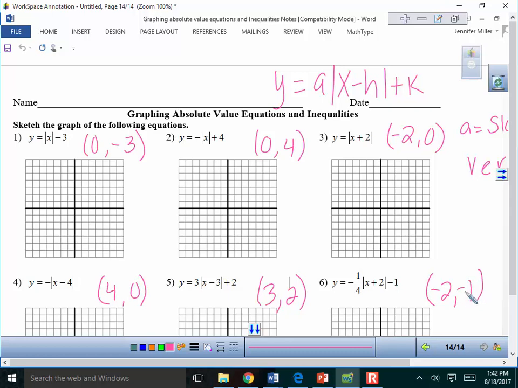Very good. Okay, so we get the vertex of number 1: 0, -3. And our slope is the number in front of x. What's our slope here? 1, so we go up 1, to the right 1, or we can go up 1, to the left 1. Since it's an absolute value, we know it's going to make a V.